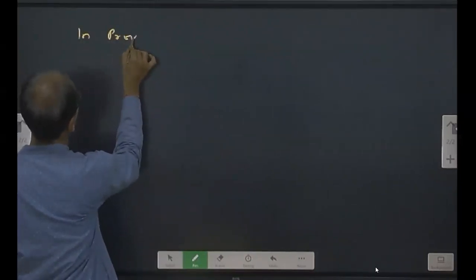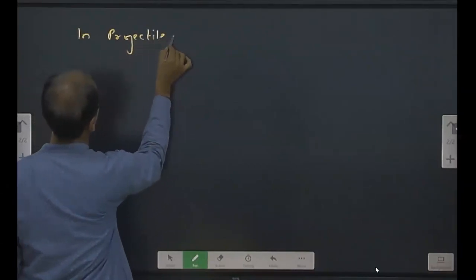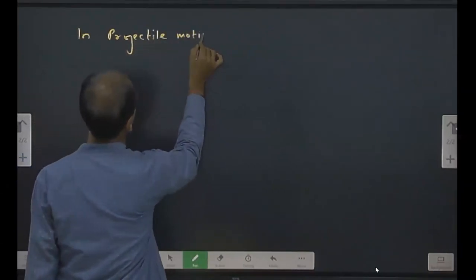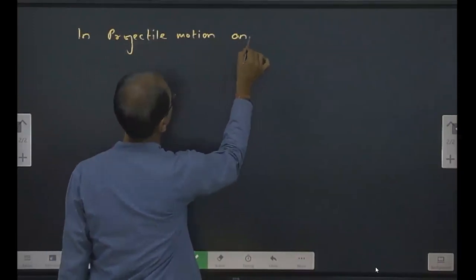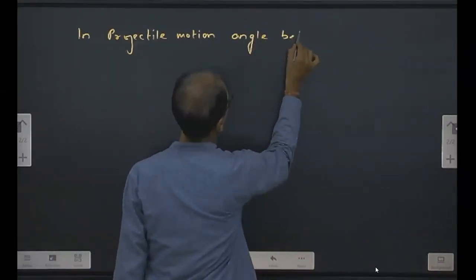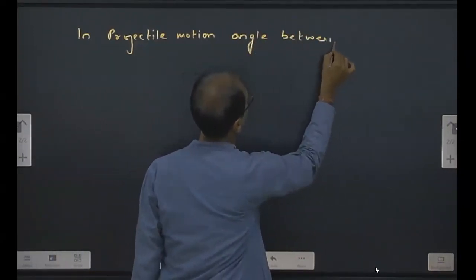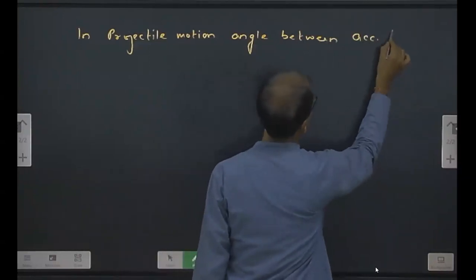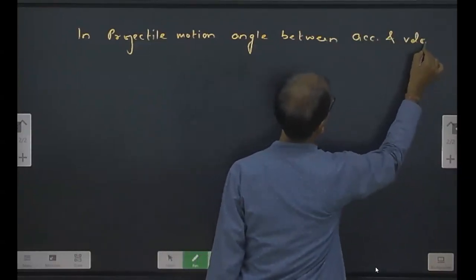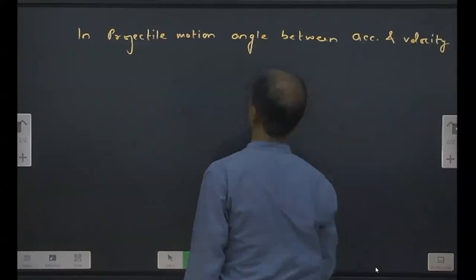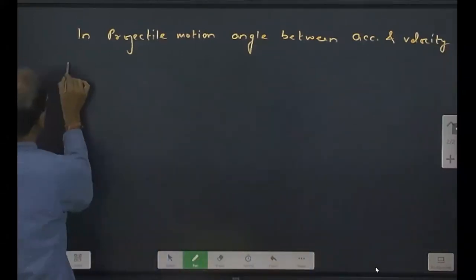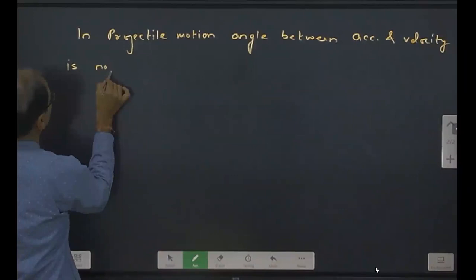In projectile motion, the angle between acceleration and velocity is not constant.